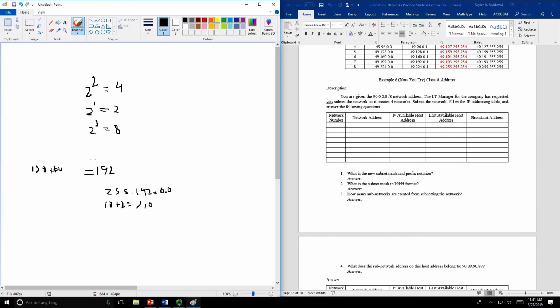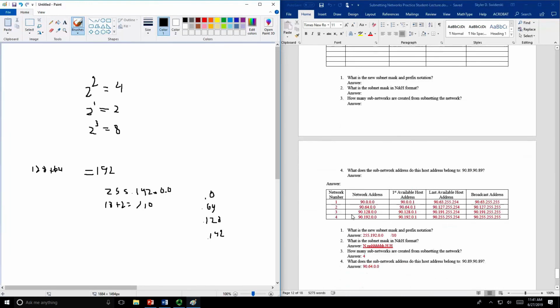And our last network, again, will be 192. So it's incrementing by 64. Last address will be 192. So looking here, 90.0.0.0, 90.64.0.0, etc. We added 1 to the last quadrant to get the first available host.